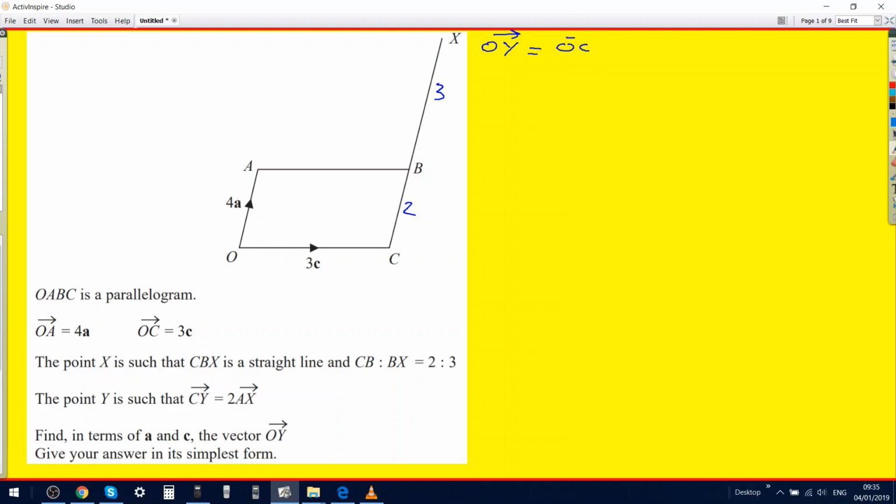So first go O to C, and then, well, let's just say C to Y. And so O to C was 3C. So then you break down C to Y.